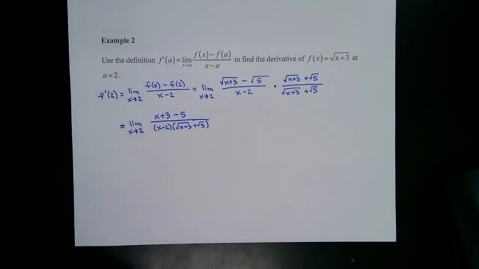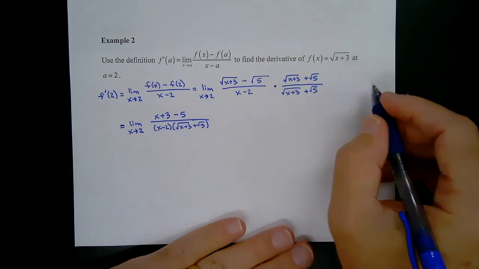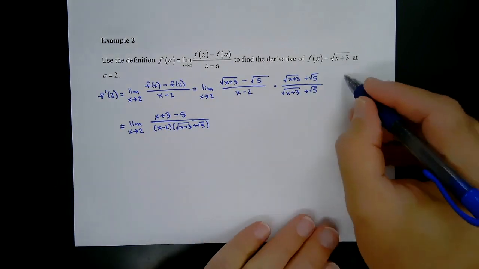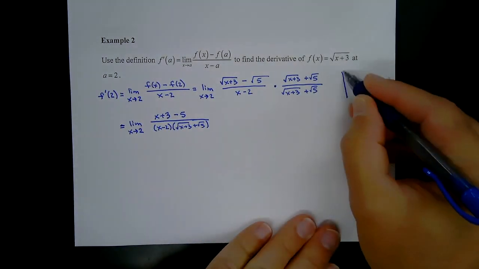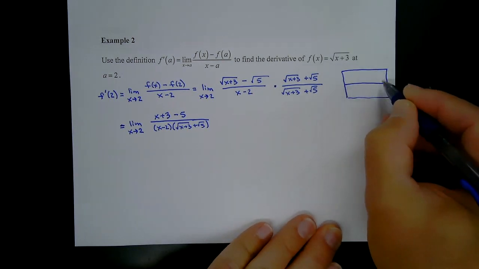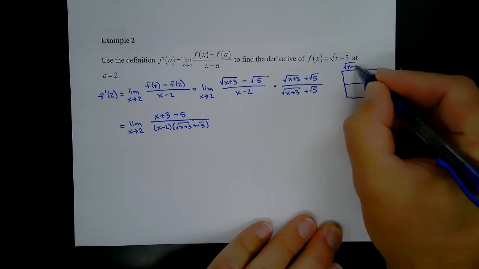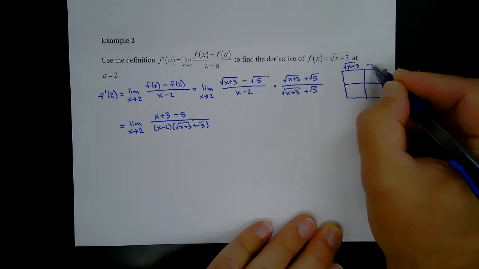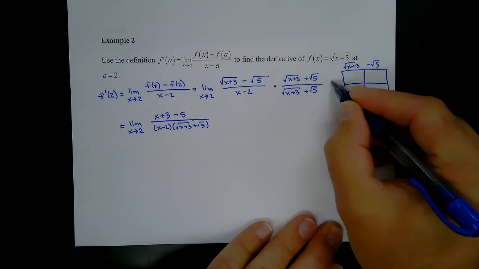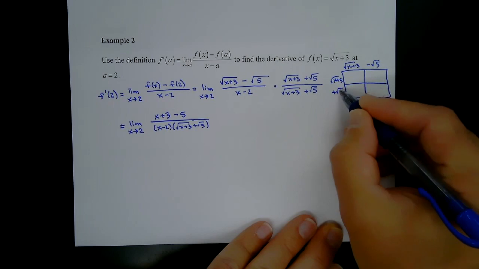You guys, I'm realizing maybe you didn't know how I multiplied this to get here. So let me go back and do this really quick with you. Okay, so it's a 2 by 2. In case you need this, the square root of x plus 3 minus the square root of 5, and then this one is the square root of x plus 3 plus the square root of 5.